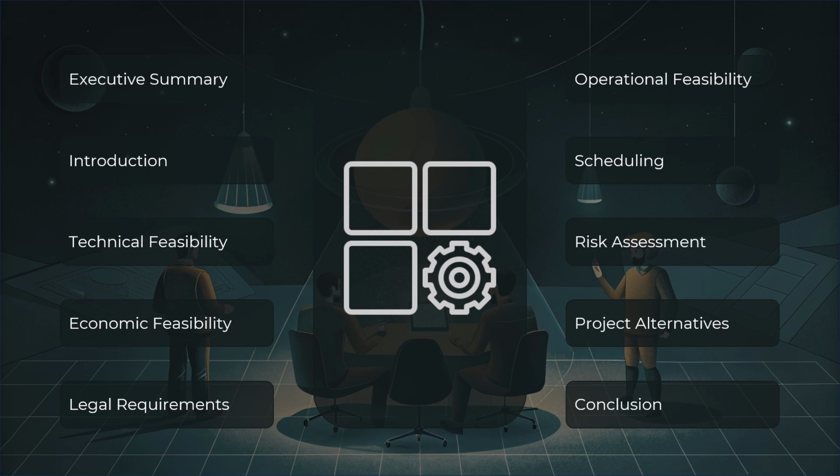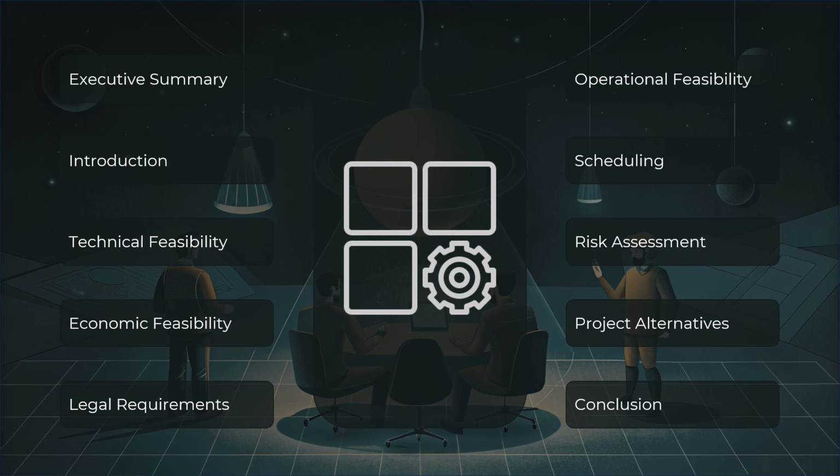project's viability. Beginning with an executive summary providing a succinct overview, key findings, and recommendations, the components include an introduction outlining the project's background, purpose, and scope. Technical feasibility explores resource availability, technology, and potential challenges, while economic feasibility delves into financial viability, cost-benefit analysis, and projections.